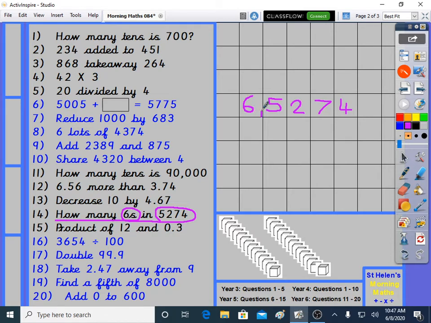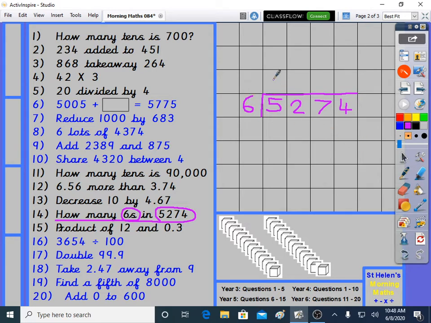And when it's a number as big as 5,274, you're going to really need to use the bus stop, because we could take off 6 lots and lots of times and we'd get an answer, but it would just take so much writing, so much work. We could sing our 6s up to 5,274, but we don't know our 6s up that high. This is why we use the bus stop for numbers like this.